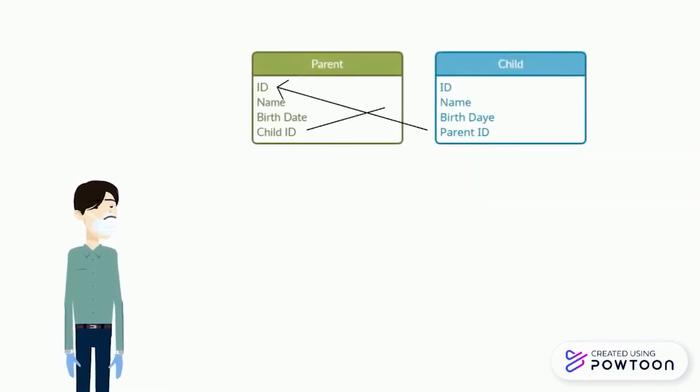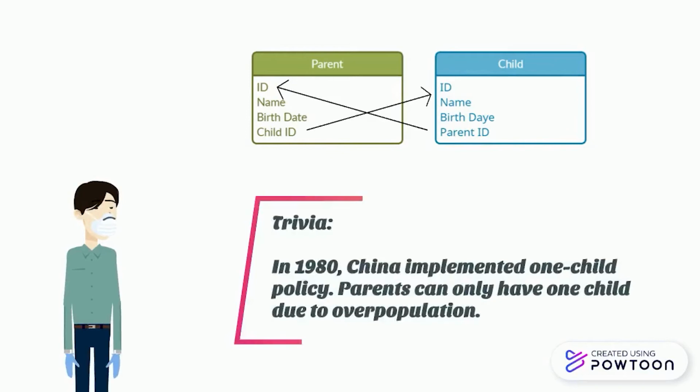Let's take a look at this example of table for parent and child. Trivia. In 1980, China implemented one-child policy. Parents can only have one child due to overpopulation.